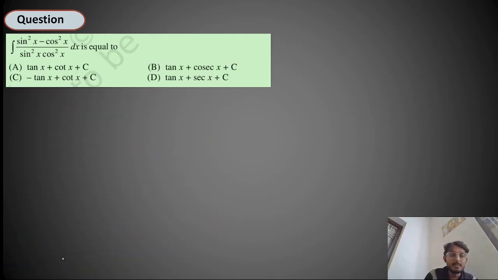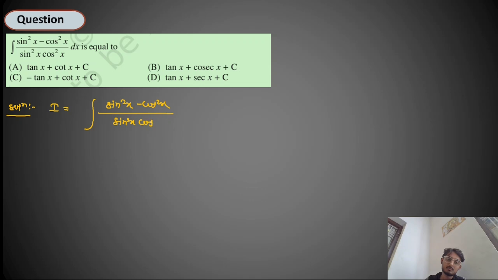Here it is given as sin square x minus cos square x upon sin square x cos square x. You will write I equal to integral of sin square x minus cos square x upon sin square x cos square x dx.